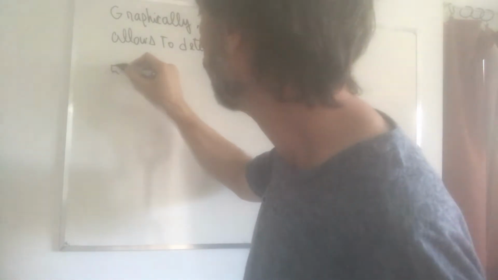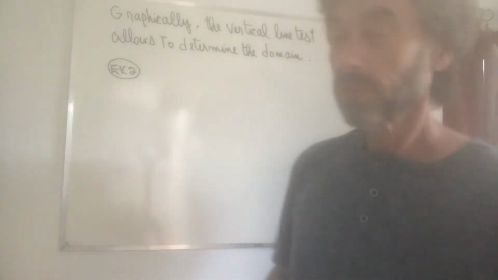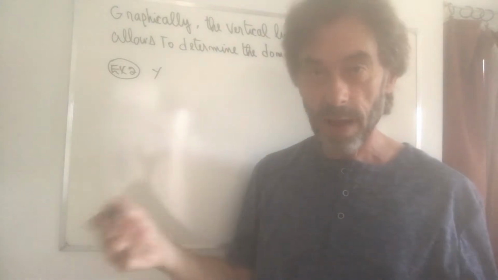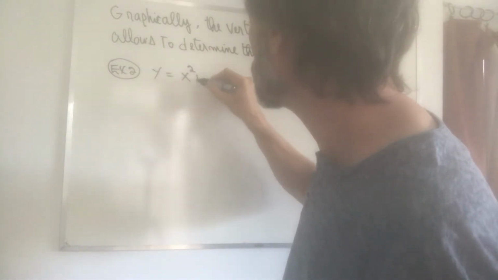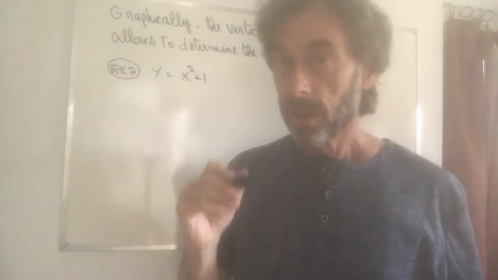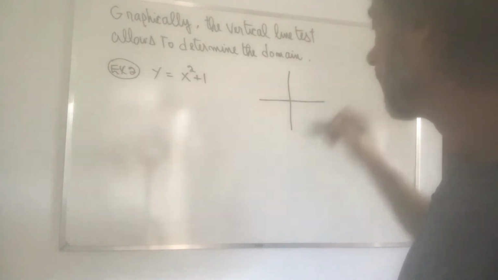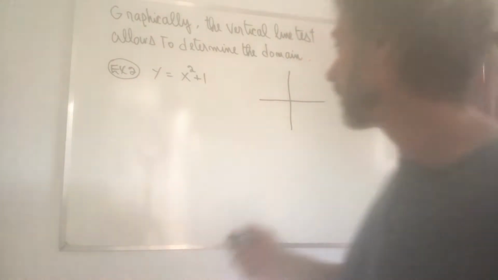For example, suppose I have y, or f of x, same thing, y and f of x, same thing. Y is equal to x squared plus 1. The graph of this, we all know. What does it look like? The graph of f of x equals x squared plus 1?